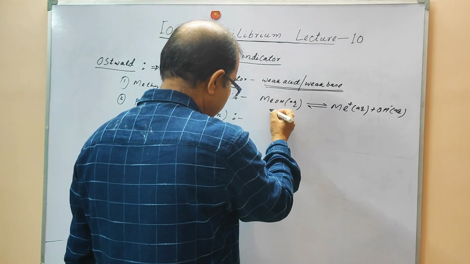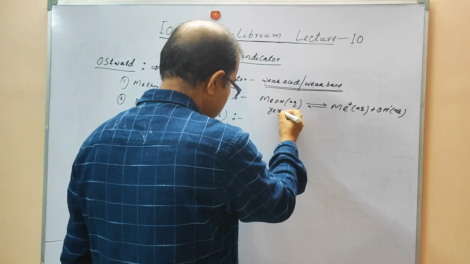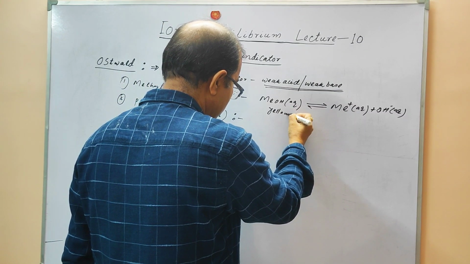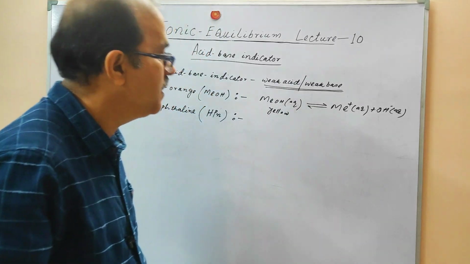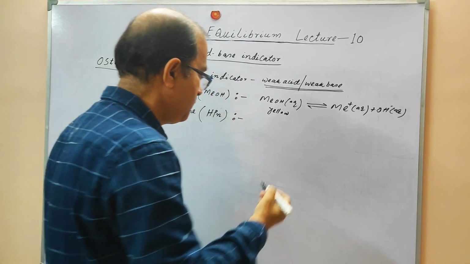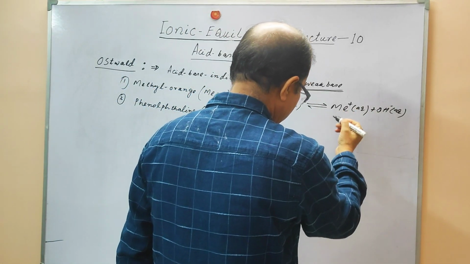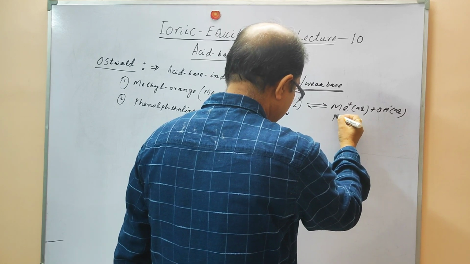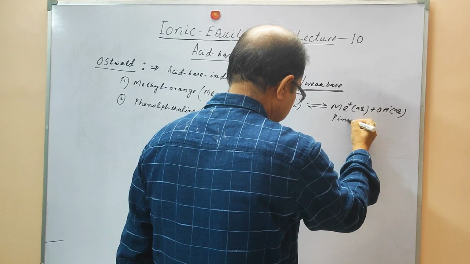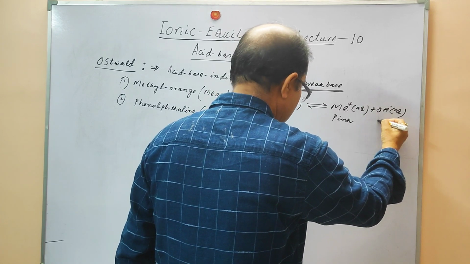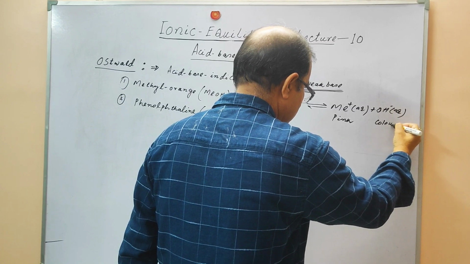So methyl orange, undissociated, is of yellow color. When it is dissociated, the cation Me plus will have the pink color, and OH minus is colorless.